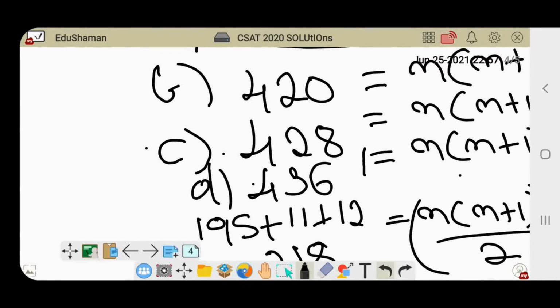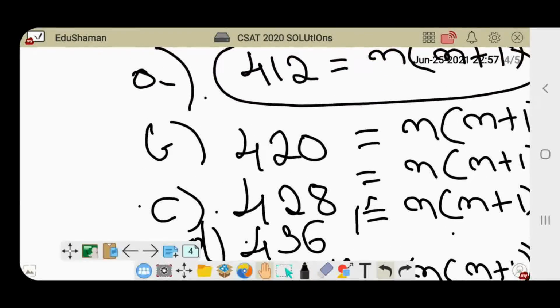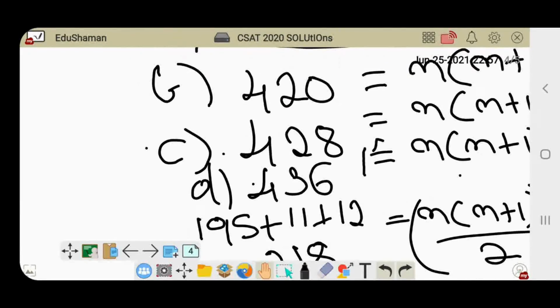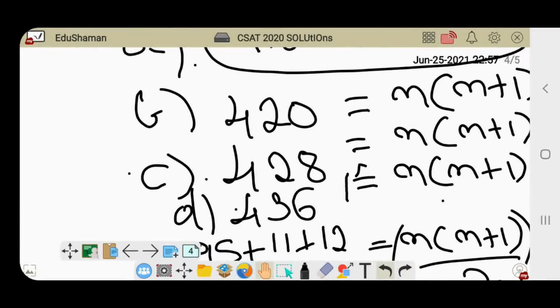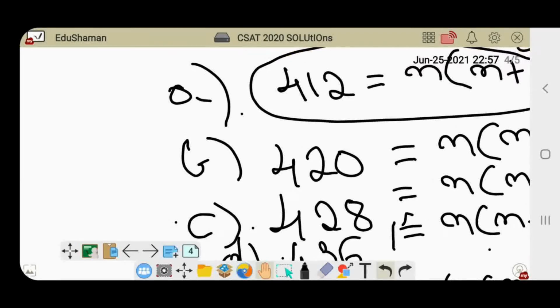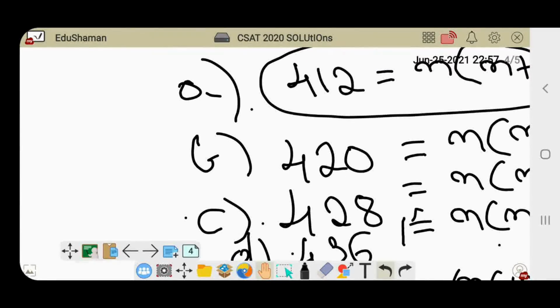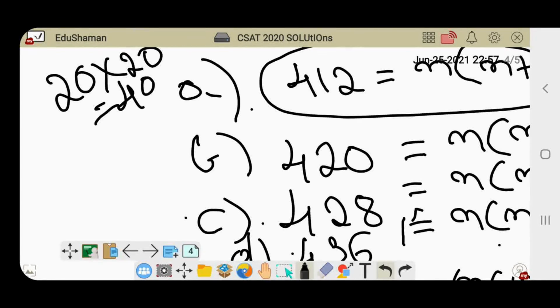So we have to see which of these numbers, whether it is 412 or 420 or 428 or 436, fits into the pattern n into n plus 1. We know that the square root of 400 is 20, right? So 20 into 20 would be equivalent to 400.